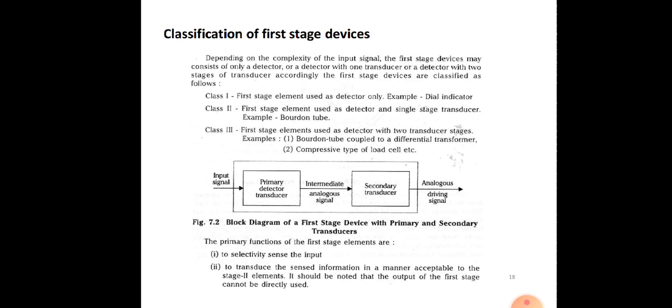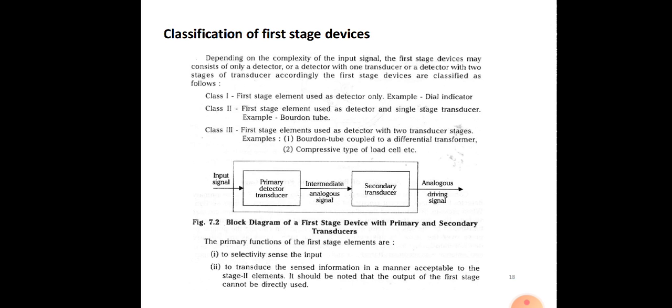An example is the Bourdon tube: it will detect the signal as well as transform it to another form. The energy is given to the sector gear and pinion, which is a kind of transmission from the input stage.